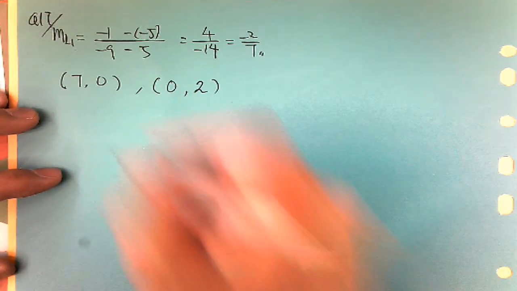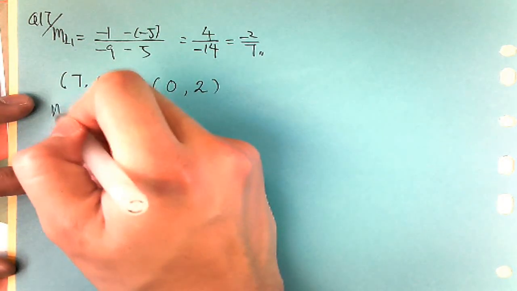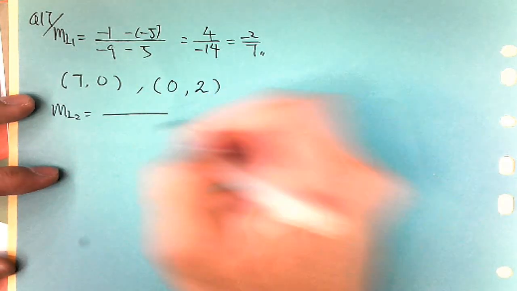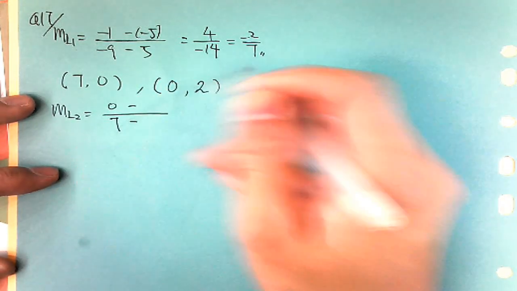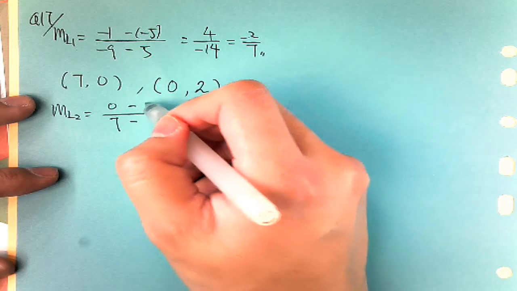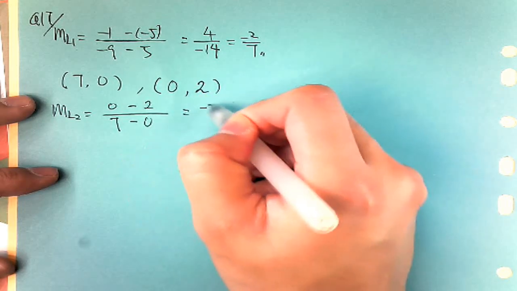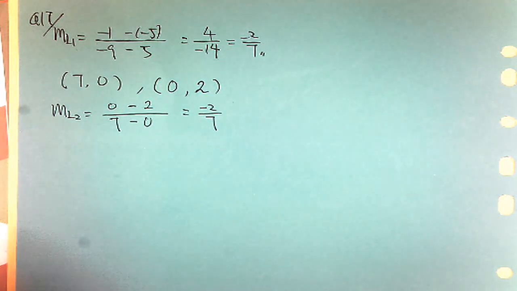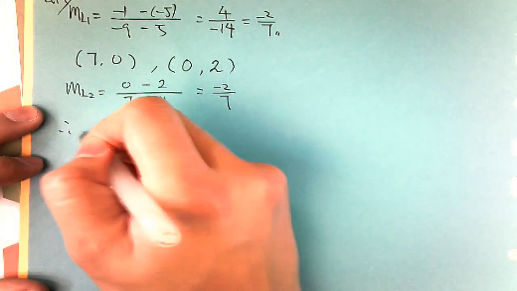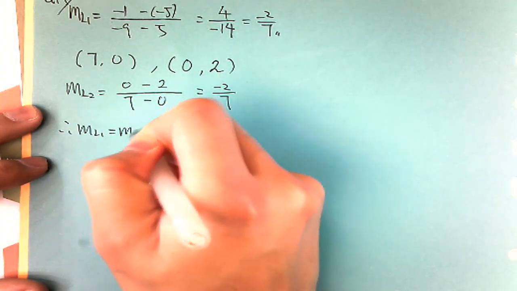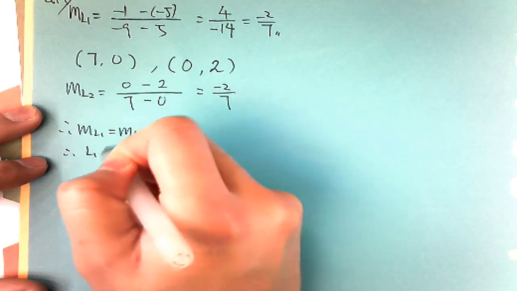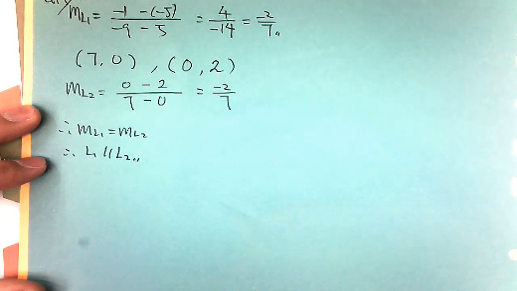Understand? So use these 2 points to calculate the mL2. Okay, minus, 0 minus 7, and then it's 2 minus 0. So -2/7. So in this case, you can see, mL1 equal to mL2. So L1 is parallel to L2. Understand?